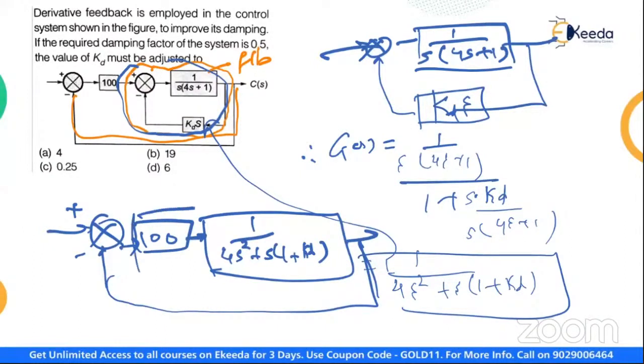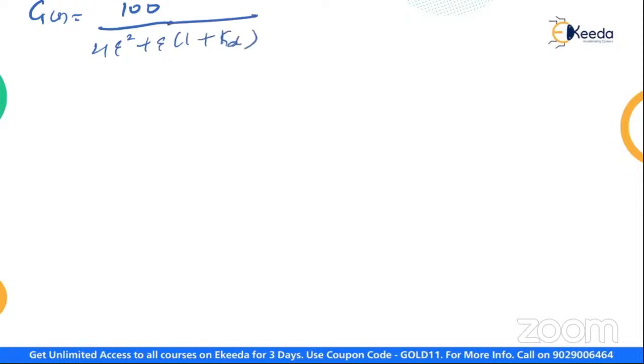These two are in series, so they get multiplied, and here you have got 1 which is in negative feedback. So simplify this, you get GFS equal to 100 upon 4s squared plus s into 1 plus KD, getting my point? Yes. Upon 1 plus 100 upon 4s squared plus s into 1 plus KD.